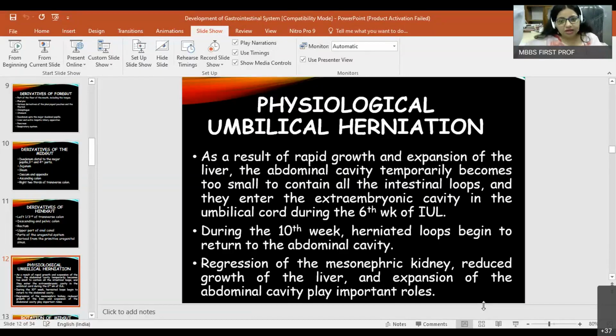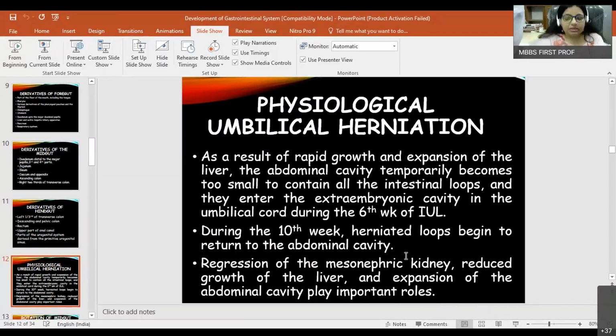At the same time, the increase in size of the abdominal cavity so that it is able to accommodate all the intestinal loops also. This is very important. So you may get a short note on physiological umbilical herniation. Now, by the 10th week, these herniated loops begin to return to the abdominal cavity.